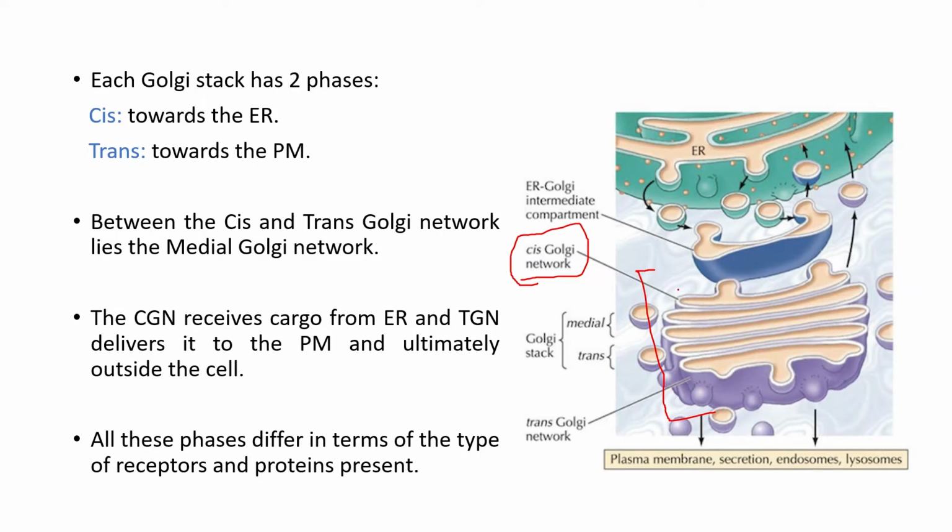The cis-Golgi network is towards the ER, whereas the trans-Golgi network is away from the ER, or you can say it is towards the plasma membrane. Here this side is the plasma membrane, this side is the endoplasmic reticulum. Now between the cis and the trans-Golgi network lies the medial Golgi network. Whatever cisternae are lying in the middle, they will form a part of the medial Golgi network.